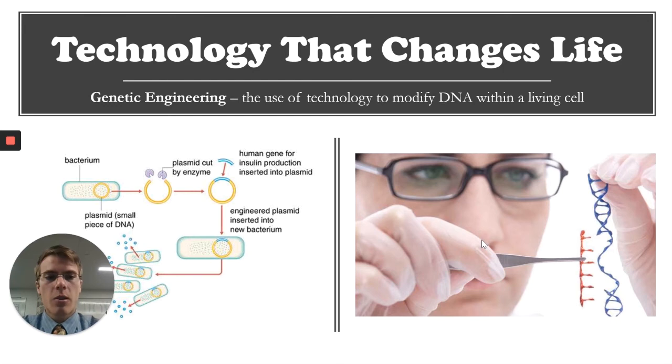But it's also pretty controversial, because what if you change the cells of a baby, who doesn't have a choice, things like that. Or your reproductive cells, so that all of your children have certain traits. So it's controversial, but it can be a really good thing.